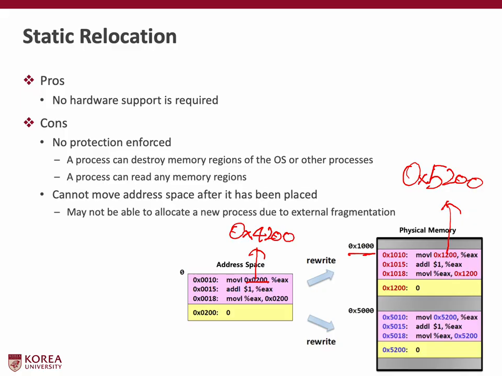That means the process can access the data located at the address of 5200, which is actually outside its own memory boundary. So basically, it's accessing memory that doesn't belong to it. This is why static relocation has a big drawback. That is, it cannot enforce memory protection to address this situation.